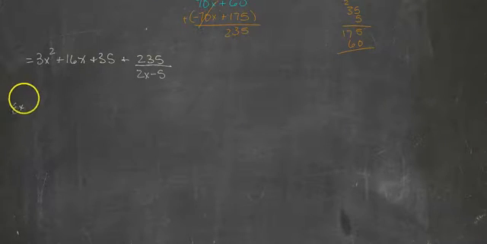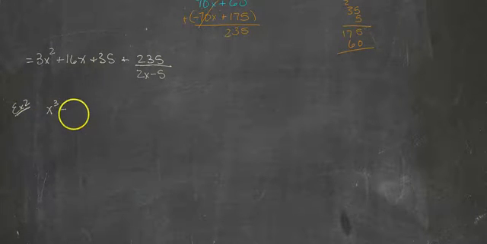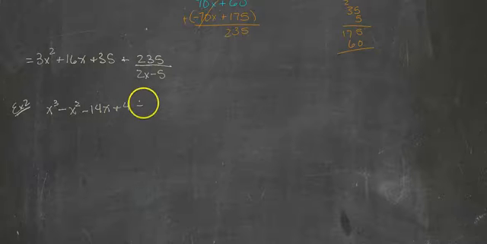This time we're going to divide x cubed minus x squared minus 14x plus 4, and we want to divide that by x squared minus 5x plus 6.